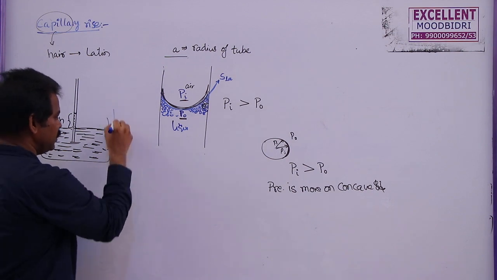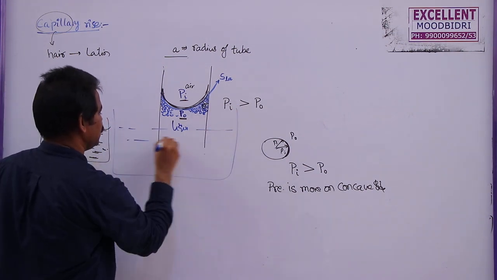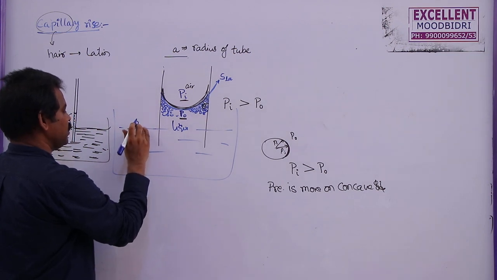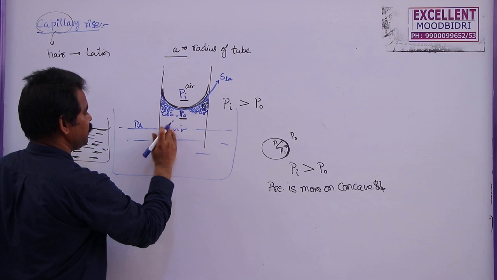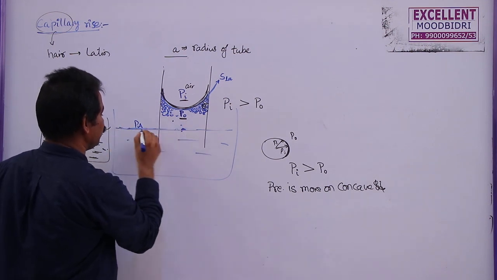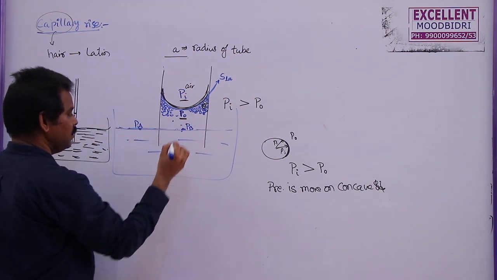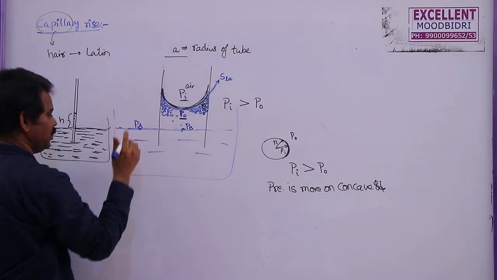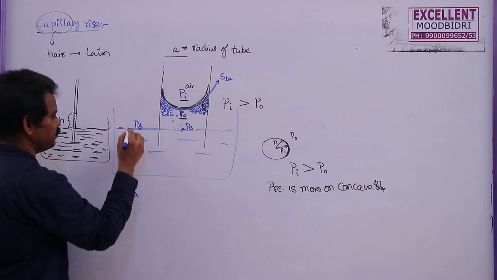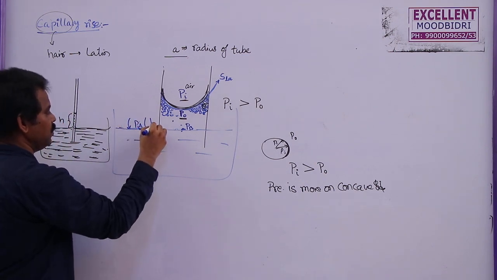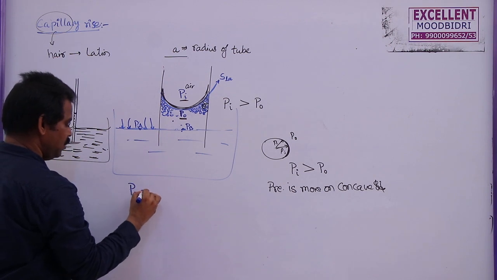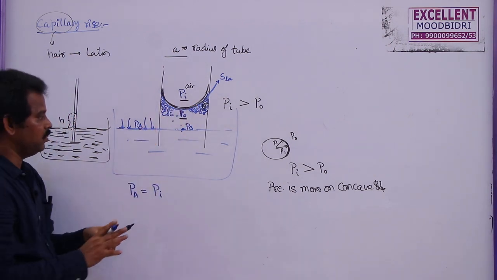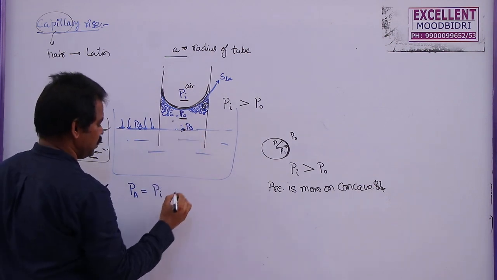Now if you consider this tank here, this is the liquid. Here the pressure is atmospheric pressure, so I am taking this as PA. The pressure at the same level should be the same at A and at B. This atmospheric pressure and this air pressure are both equal. So the pressure of atmosphere on this liquid surface is PA, which is equal to PI, that is inside this air bubble. But how to find the pressure at B?